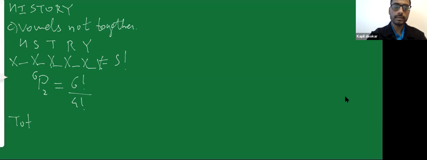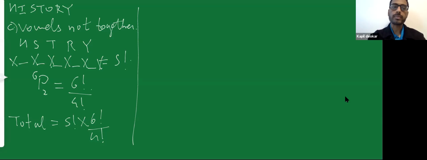And hence I can say the total number of arrangements of the letters of the word history such that vowels are not together is equal to 5 factorial into 6 factorial upon 4 factorial. So that is my answer.